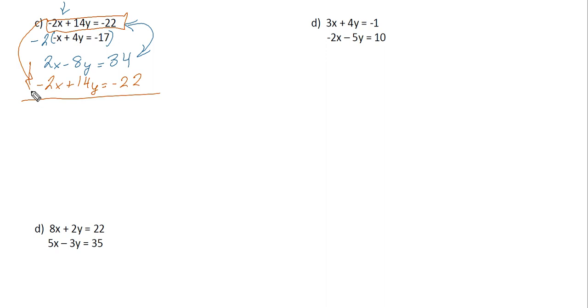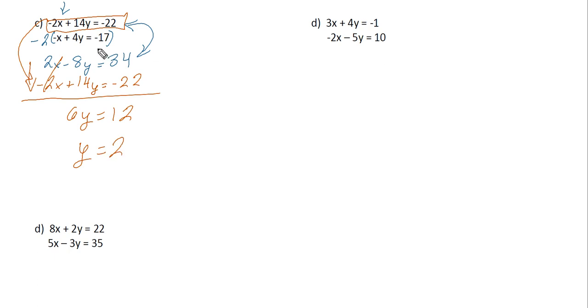So all we have to do is go straight down as long as the x's, y's, and constants are all matched up. Now we're going to add these x's. That'll cancel out because that was the intention. Now with our y's, negative 8y plus 14y is 6y. 34 minus 22 is just 12. We can divide by 6, and we get y equals 2.